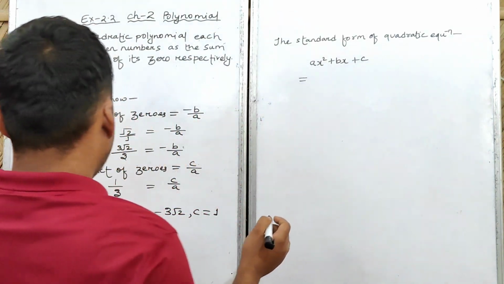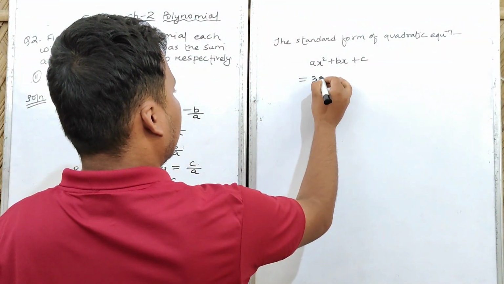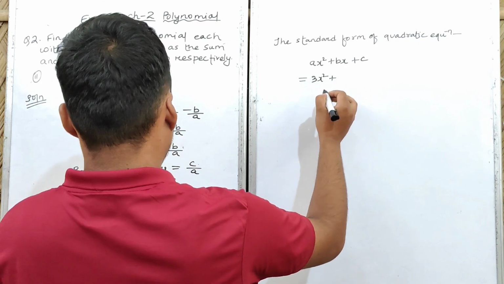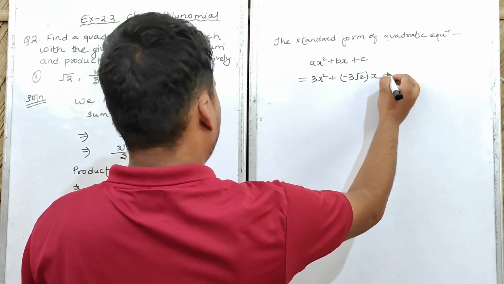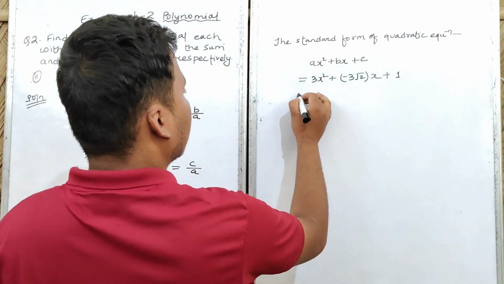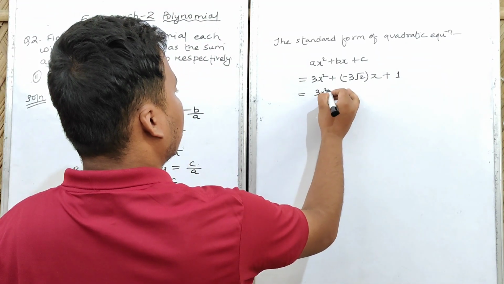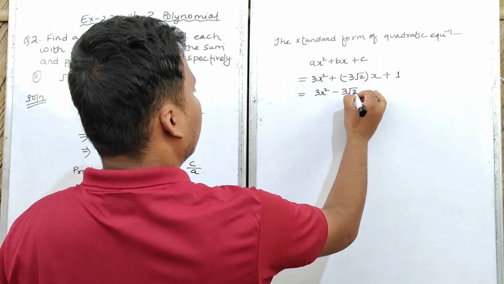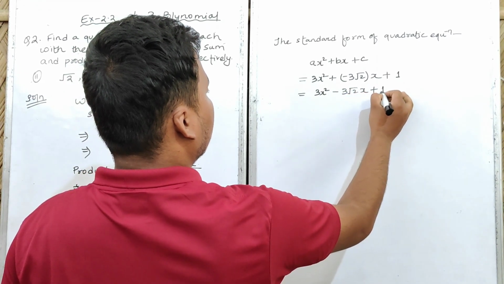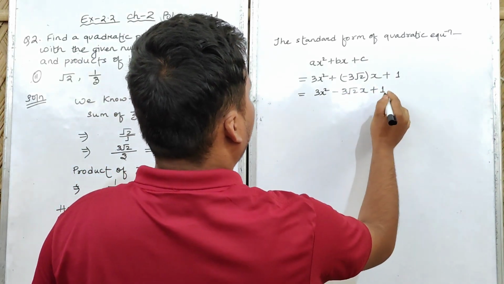So a, now a how much you got? 3. So 3x square plus b how much you got? Minus 3 root 2 x plus c is only 1. So if you solve this, what will you get? 3x square plus minus 3 root 2 into x plus 1. So this will be the quadratic polynomial.